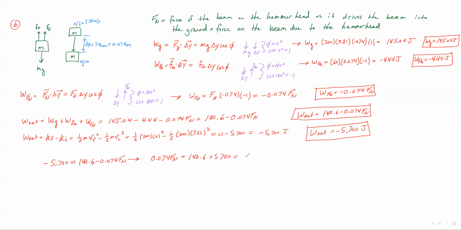Add that together, that's 5,840.6. So then I have Fn is equal to 5,840.6 divided by 0.074. When I work that number out, that's 78,900 newtons.